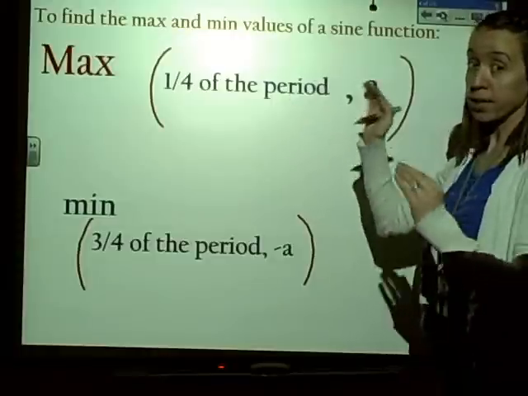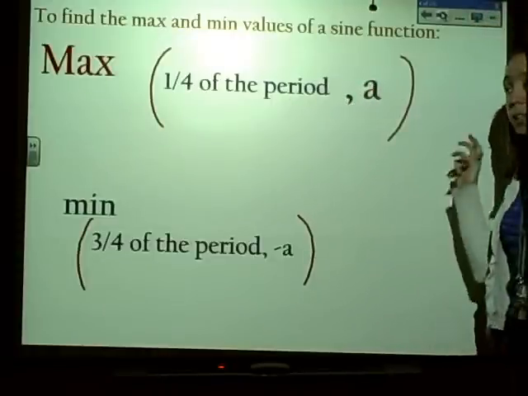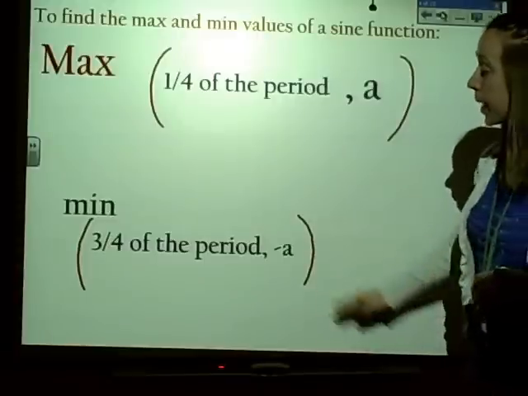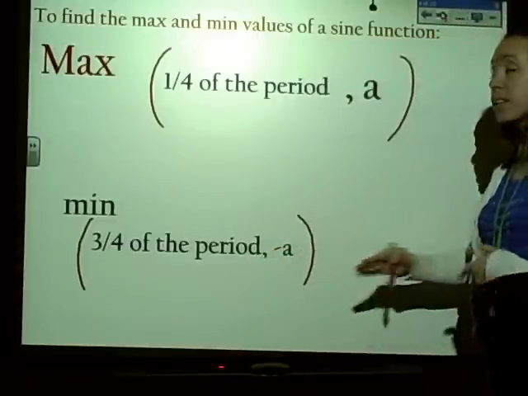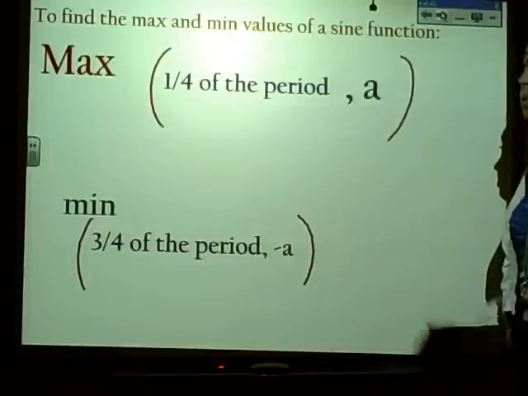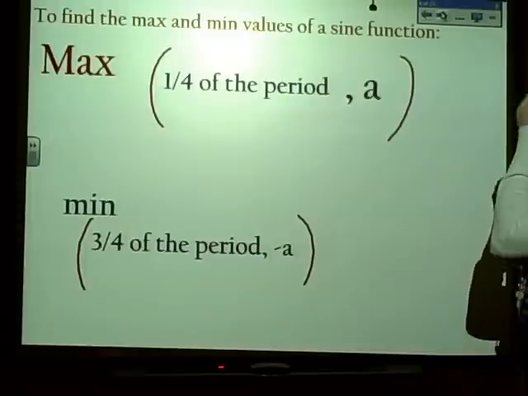That's the x-coordinate of your maximum. And then the y-coordinate would be your amplitude. Okay? To find the minimum, we take 3/4 of the period, and then it's the negative amplitude value. So get these in your notes, and they're really going to make sense once we do this example.